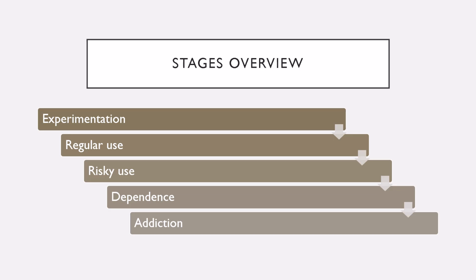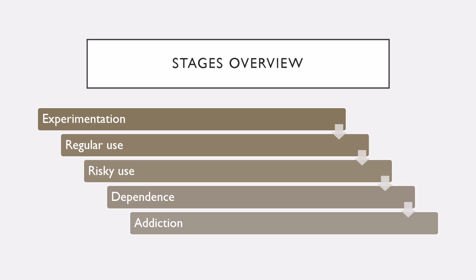Then the next stage is regular use. And this is where the substance use becomes a little bit more consistent and they may start to form some patterns. And then after that, we see risky use, where there are negative consequences starting to appear, but the person continues to use. So we have social use, which is experimentation, and then regular use, which then leads into habitual use, which is like the risky use.